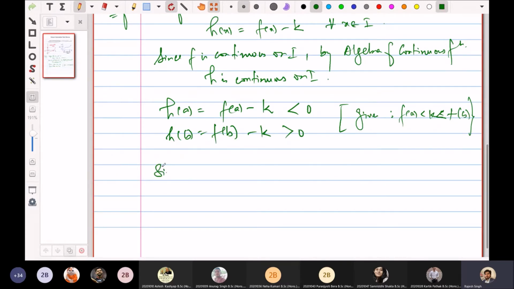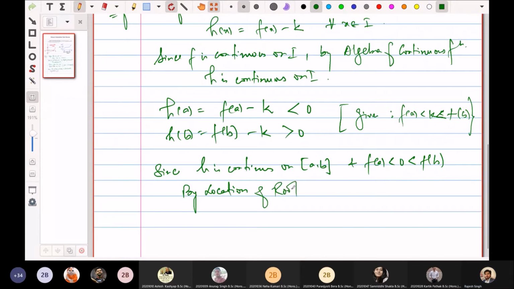So since h is continuous on the closed interval AB, and h of a is less than 0 less than h of b, by the location of roots theorem, there exists c belonging to AB such that h of c is equal to 0.